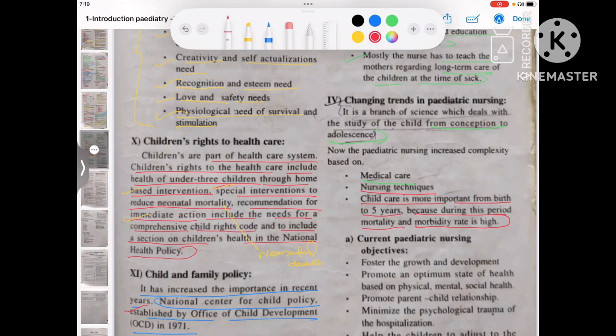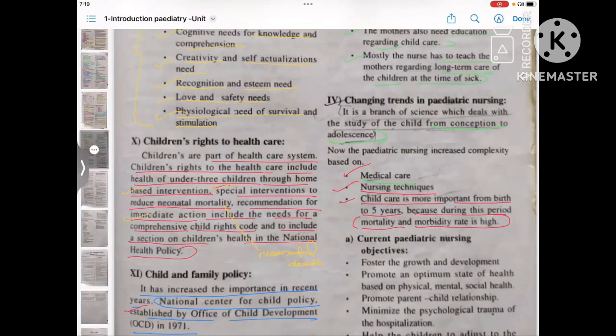This period is very critical, and we need to give special care to children. Mortality means the death rate, and morbidity means the number of diseases in the population.